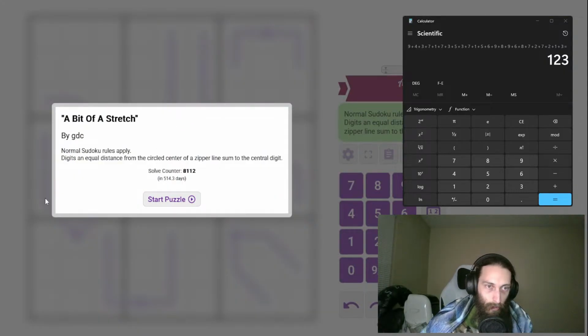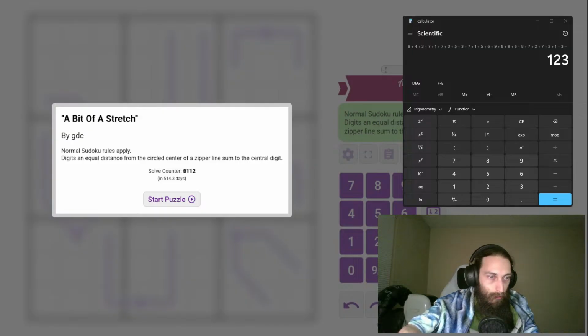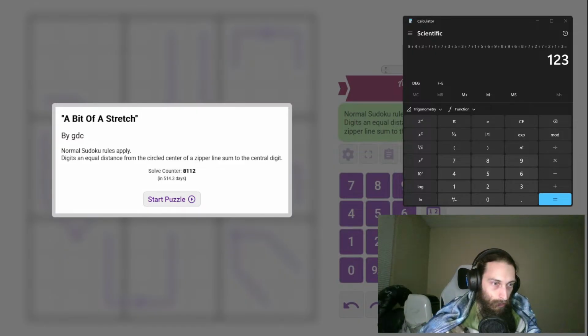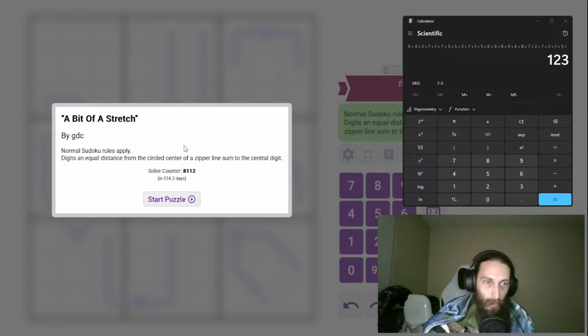Next puzzle is going to be a bit of a stretch. Colon space. And I don't want an emoji, I want a link. There we go. Go away, emojis. No, I don't want emojis. First try. Alright.